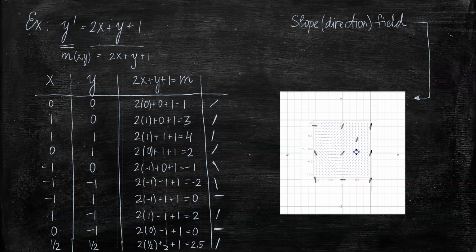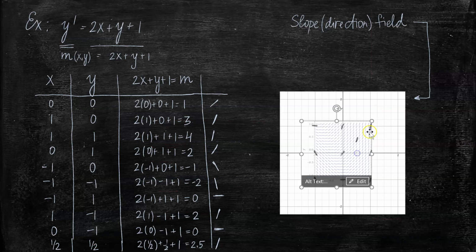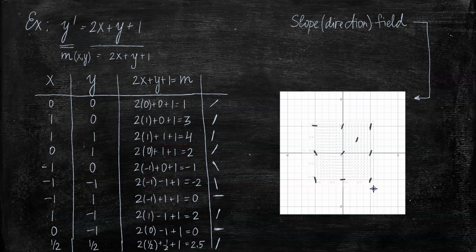So we can see that our drawing of a slope field wasn't too bad, right? So more or less it looks about much better. So yeah, this is what an actual slope field would look like if you do what we've done, but for many more points.